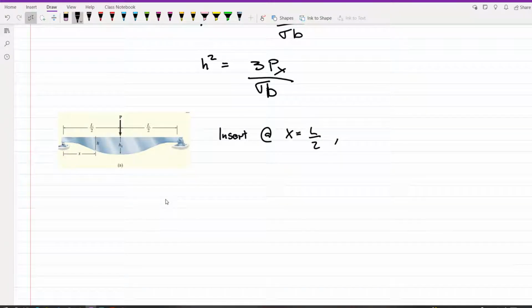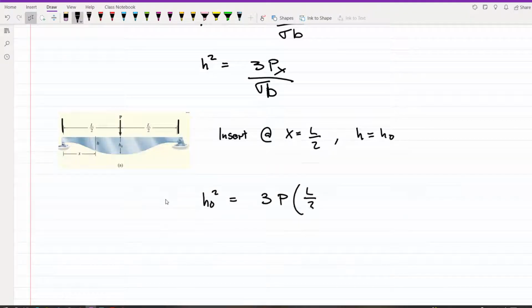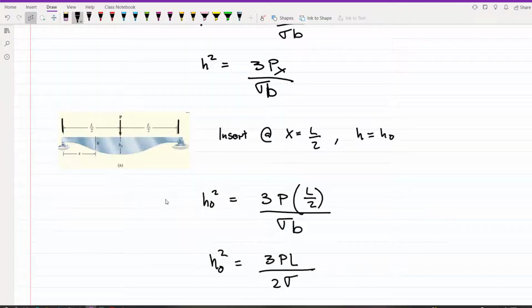Kasi para in terms of L, at x is equal to L over 2, h is equal to HO. So, HO squared is equal to 3p, ang x ay L over 2, over sigma b. Ibig sabihin, pwede kong ibaba yung over 2. So, HO squared is equal to 3pL over 2 sigma b.